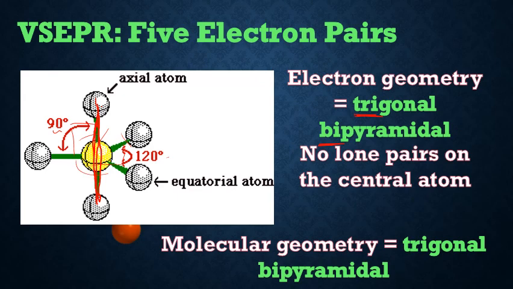Your lone pairs will always be in the equatorial positions, because the arrangement of the atoms wants to keep things as far apart as possible, and this 180 degrees does the trick. They're called axial atoms. The ones around the side are called equatorial atoms. No, you don't really need to know that for Gen Chem.